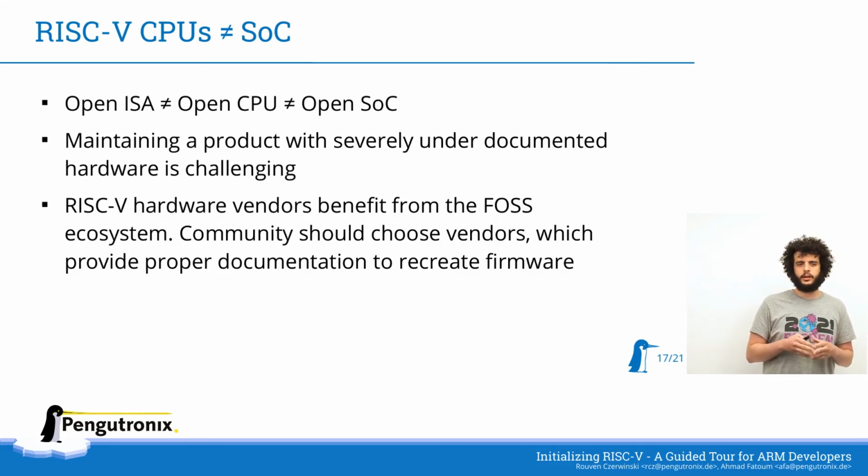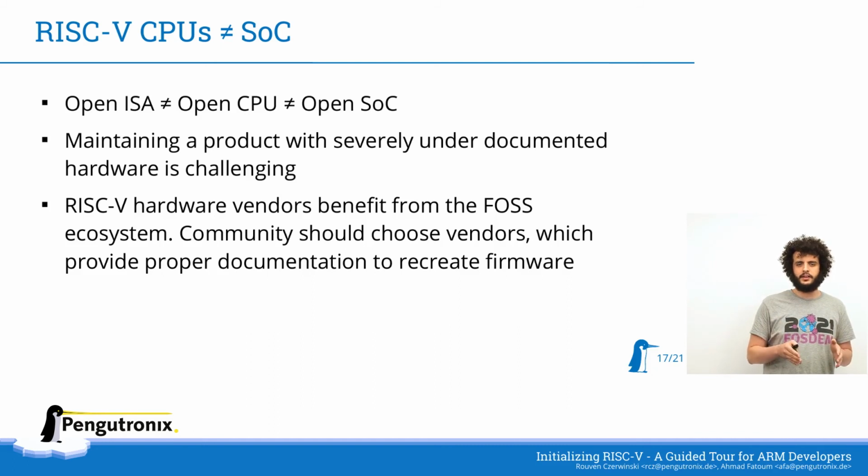Just having an open instruction set architecture doesn't mean you have an open CPU, and certainly doesn't mean that the SoC that results from this will have open gateware or have open documentation. And experience shows that maintaining a product with severely under-documented hardware is very challenging, and it's often not worth the effort in retrospect. So when you are starting with a new project, or you are a hobbyist wanting to invest your time into RISC-V, you should look at it like this.